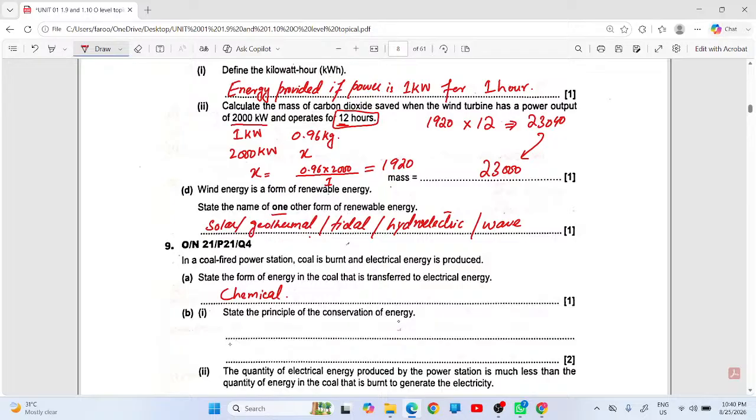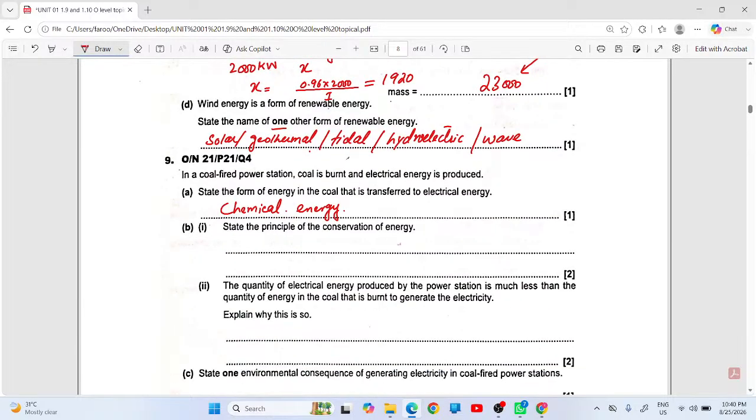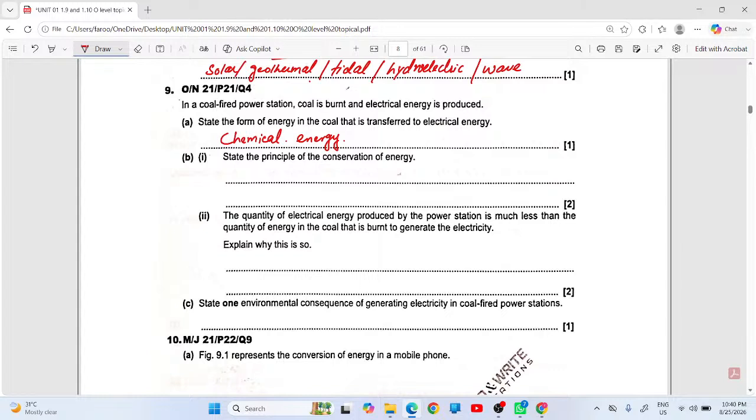Next is: state the principle of conservation of energy. प्रिंसिपल ऑफ कंजर्वेशन ऑफ एनर्जी क्या होता है? Principle of conservation of energy: energy is neither created nor destroyed, it only changes its form from one form to another.